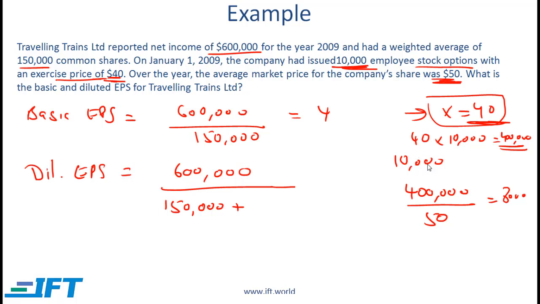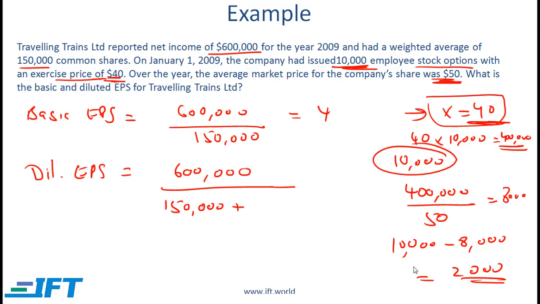Now let's look at the net effect. The company issued 10,000 shares, so that's 10,000 more shares, but then the company actually bought back 8,000 shares. So that means the net effect is 10,000 minus 8,000, which is equal to 2,000. So overall impact is that 2,000 new shares were issued.